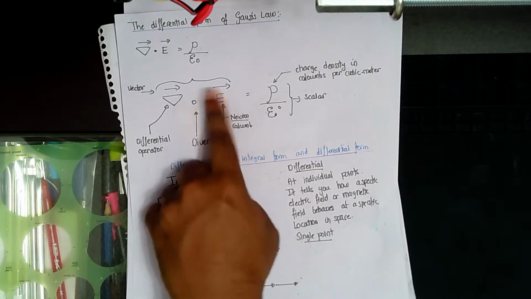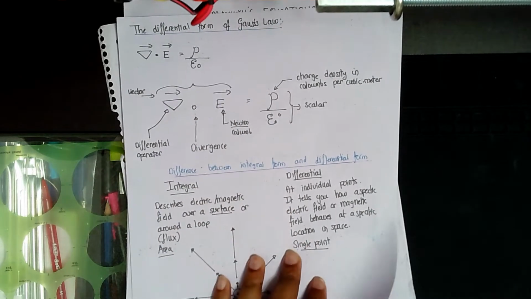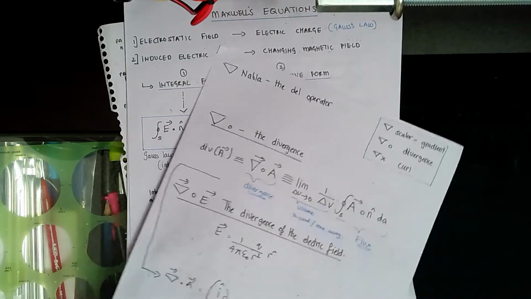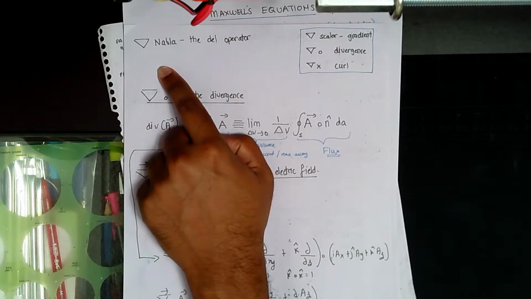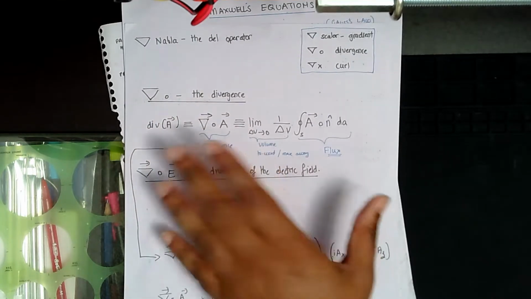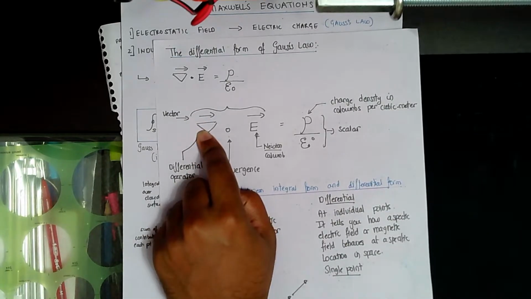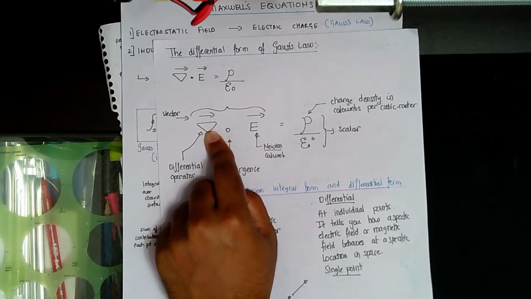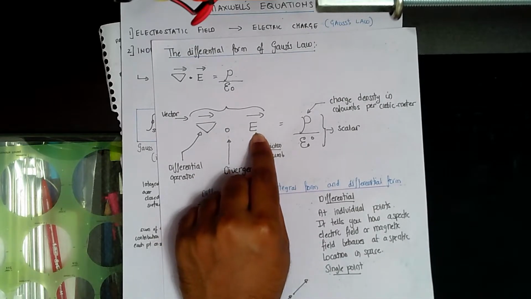So let's focus on this part of the equation and what it's really trying to tell us. When we're dealing with vector products, this is a vector, the differential operator, and we apply the dot product on an electric field, which is also a vector.